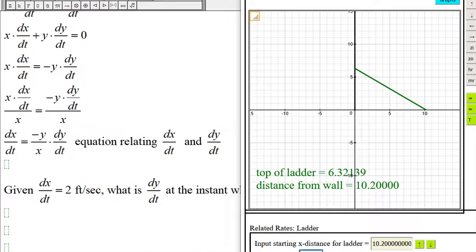So we'd like for this to be 12, and we'd like for this to be 7. So when the height comes down to 7 right here, at that instant, what is the rate of change of the height?